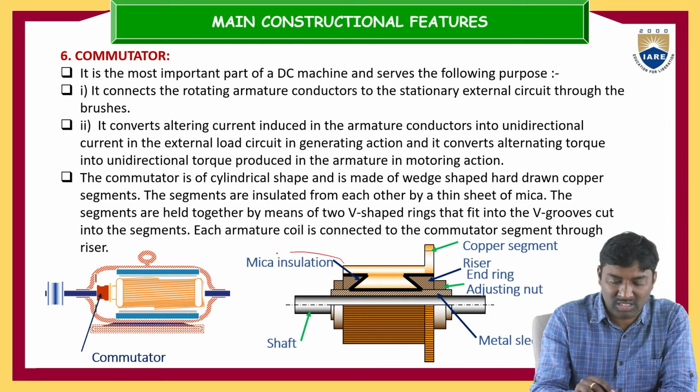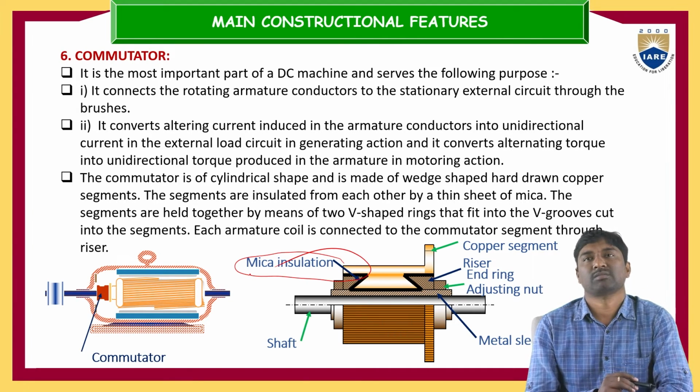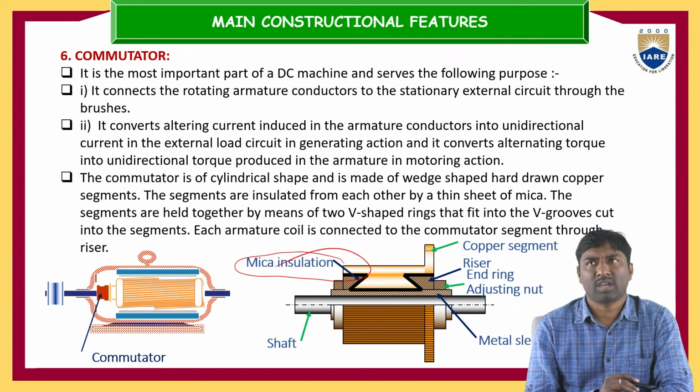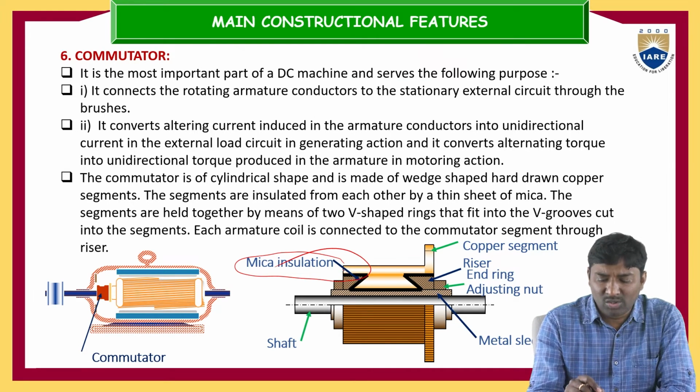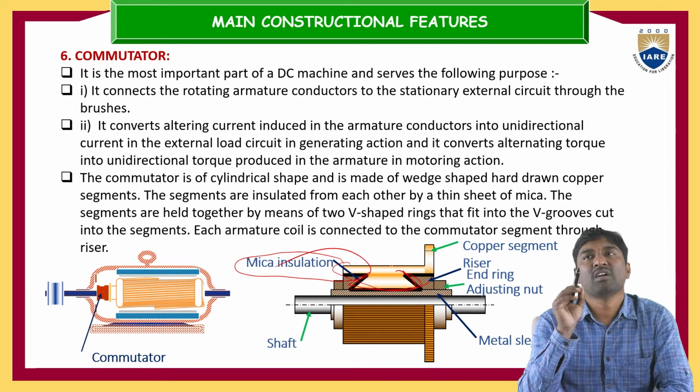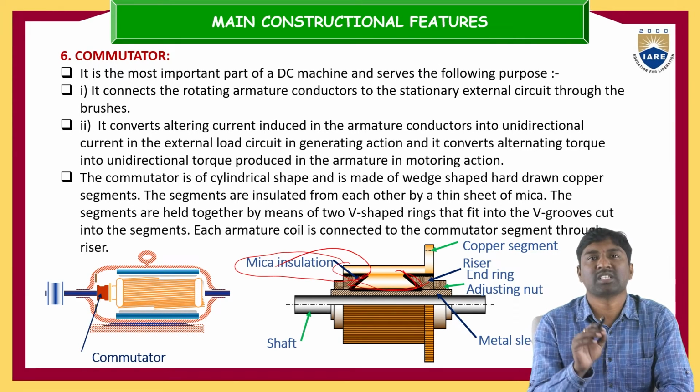You can observe here, this is the mica insulation. And these segments are held together by means of two V-shaped rings that fit into the V grooves cut into the segments.